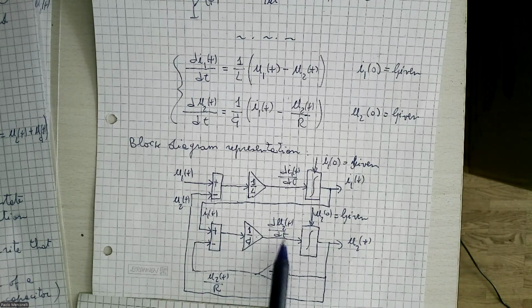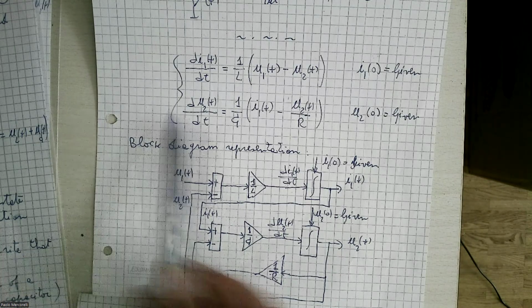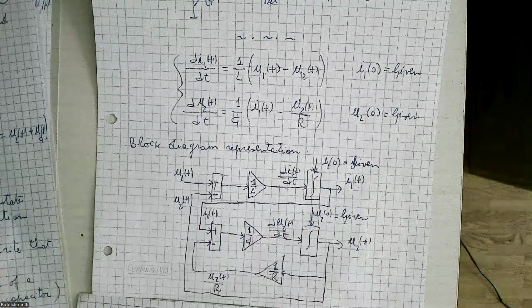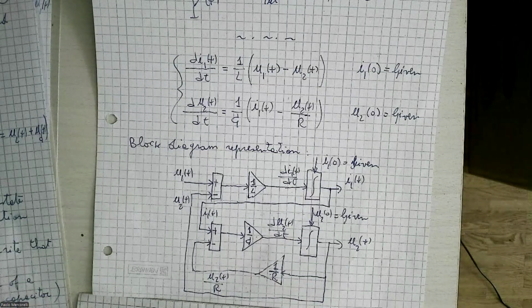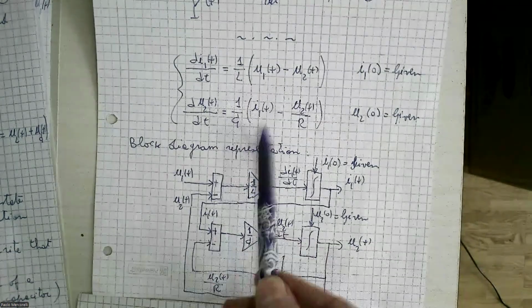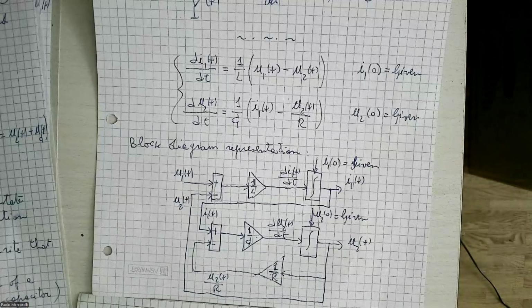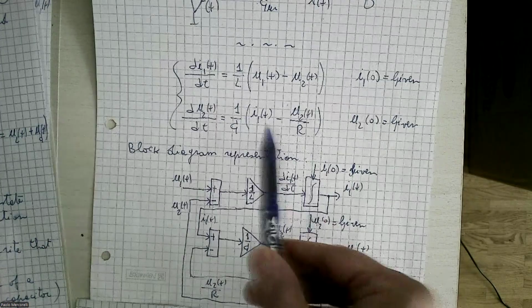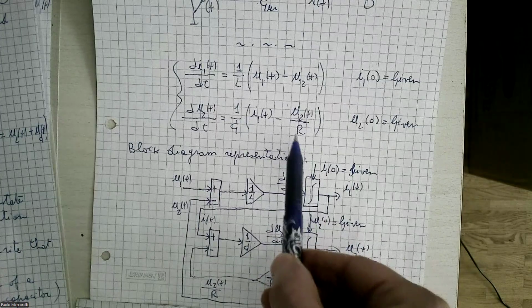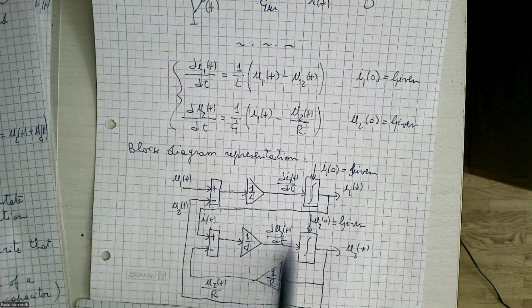Now, if you look at this equation, which characterizes basically the dynamics of U2, we can see that 1 divided C multiplies this expression here. This means if I put here 1 divided C, and I can image here exactly this signal I1 minus U2 divided R, this is exactly the derivative of U2.